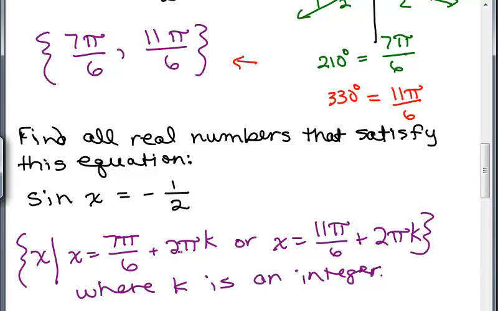We want to make sure we either add multiples of 2 pi or subtract multiples of 2 pi. All right, so for the first problem, we only have two solutions because there are only two places where the sine of x is -1/2 between 0 and 2 pi. But if we want all solutions, we add a multiple of 2 pi, positive or negative multiples, to each one of these solutions, and this is what our final answer looks like.